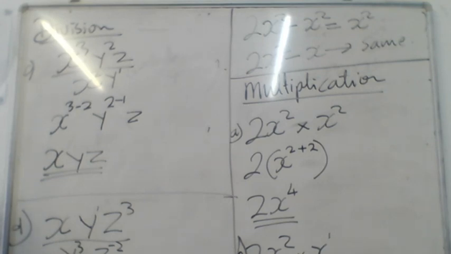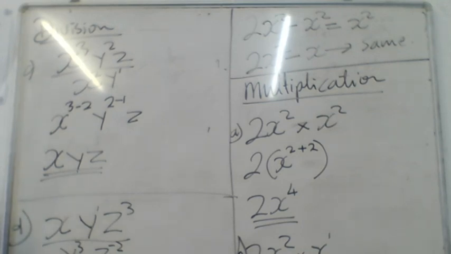So it's x, y to the minus 2, z to the 5, because negative times negative is positive. So 2 and 3 add together, it gives you 5.